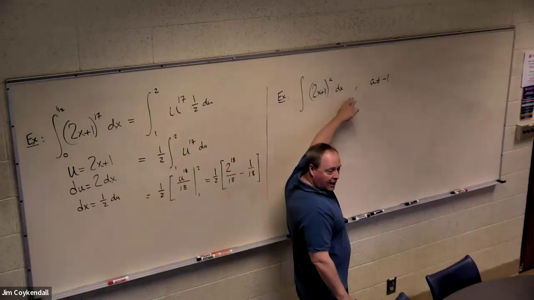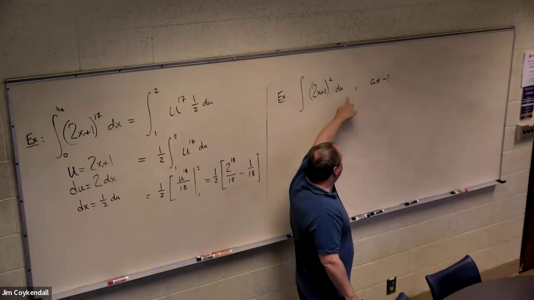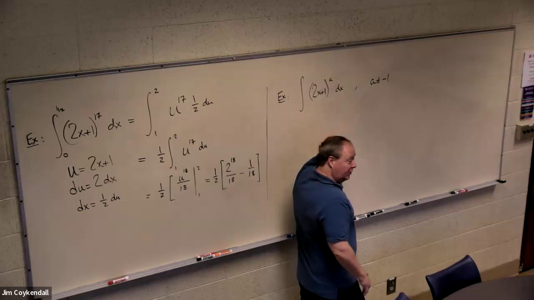We'll see as this develops why I want A to not be -1, then we'll deal with that separately.